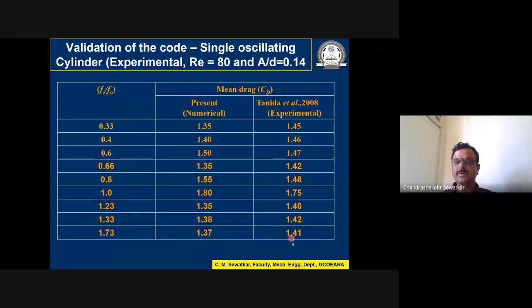Their results are experimental results, and we have very close matching, or agreement, between the two results, which further gave us the confidence that we can use the lattice-Boltzmann method. We can use our code rigorously for complex problems of fluid flow, because we have even validated the code for an oscillating body.